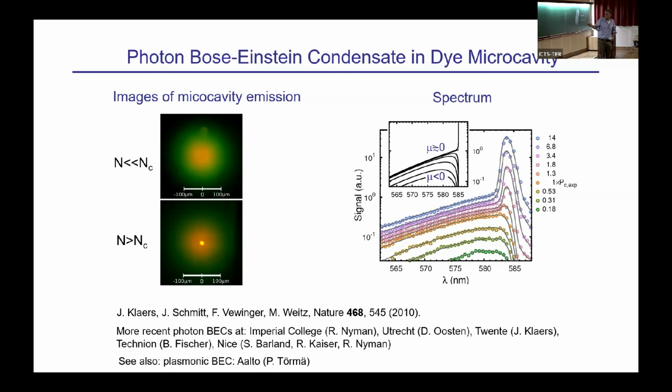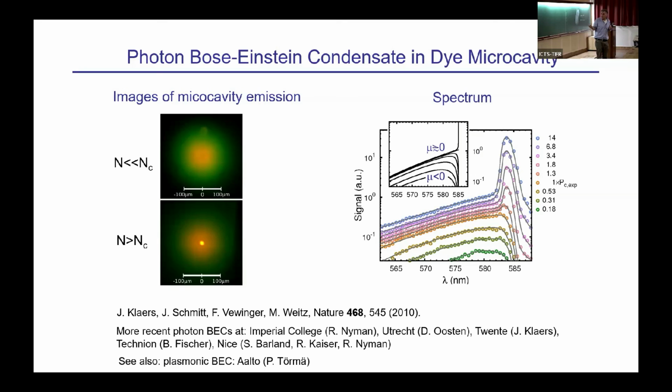Here's the position of the low frequency cutoff, and to the left are smaller wavelengths, that is, higher photon energies. So we basically see a Boltzmann cloud on top of the low frequency cutoff. And if we are in the quantum degenerate regime, we in addition see a peak at the position of the cutoff that we attribute to the BEC, and the width of that is due to the finite resolution of our spectrometer.